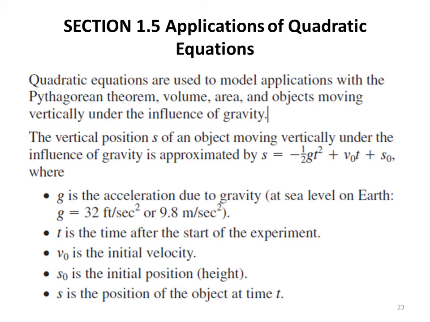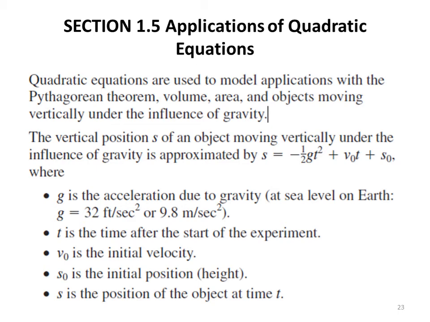Here g is the acceleration due to gravity at sea level. There are two types of measurements. If we use the metric system, it is 9.8 meters per second squared. The other measurement, if you measure it in feet, the gravity is equal to 32 feet per second squared. Depending on the problem, use either meters per second squared or feet per second squared.